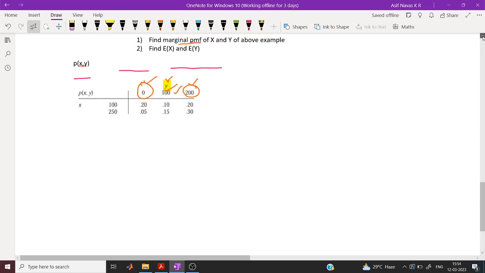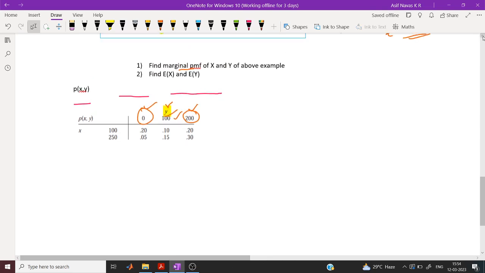This is the joint probability mass function of X and Y, and we have to find the marginal probability mass functions. First we will find the marginal PMF of x, which we denote by Px of x.